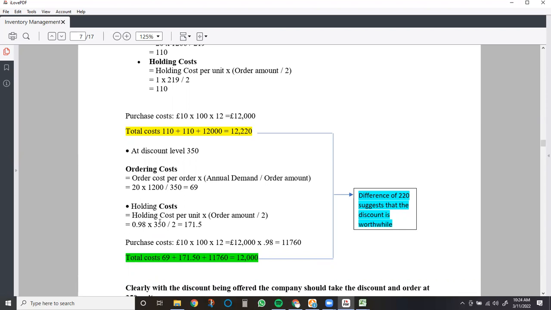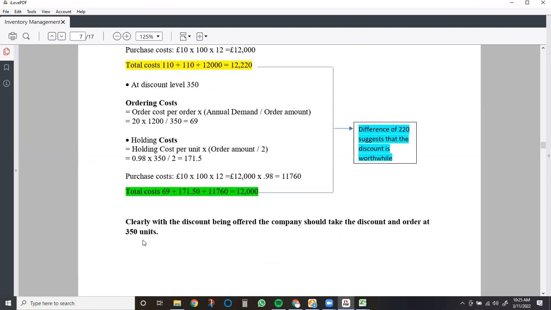Now the purchase cost will fall. Right now the purchase cost is a pound; it will go to 98 pence, a discount of 2%. And the total cost works up to be 12,000, which means the difference of 220 suggests that the discount is worthwhile. So it's really quite simple. Clearly, with the discount being offered, the company should take it and order 350.